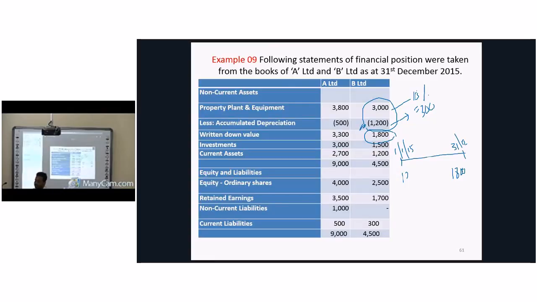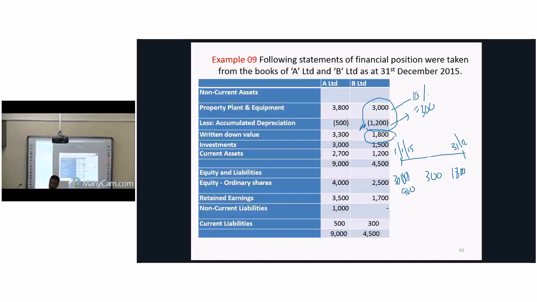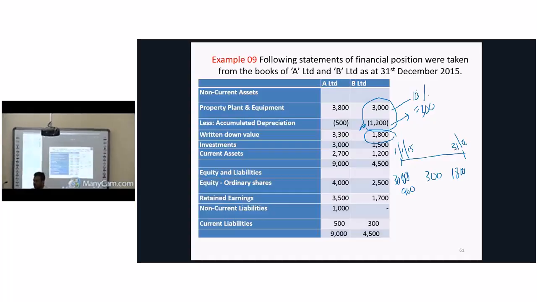It means if you take back 300 here, accumulated depreciation here is 900. Then on this date my cost remains unchanged at 3,000. My accumulated depreciation should not be 1,200. It should be only 900. This asset is a 3 years old asset. Now all these values are given on this date.